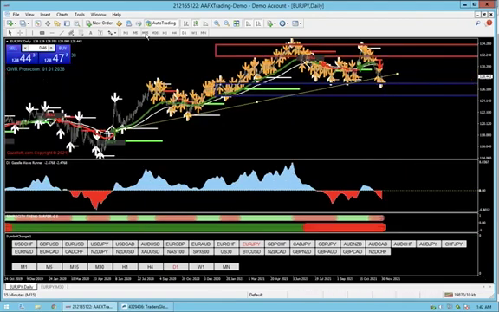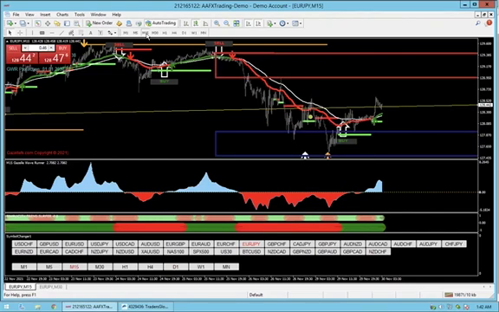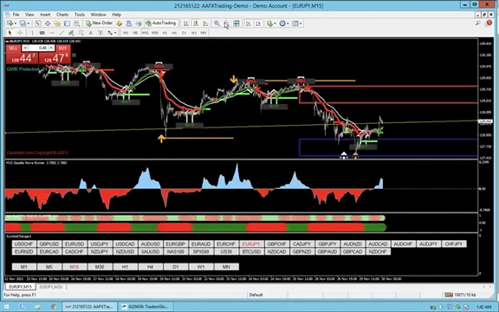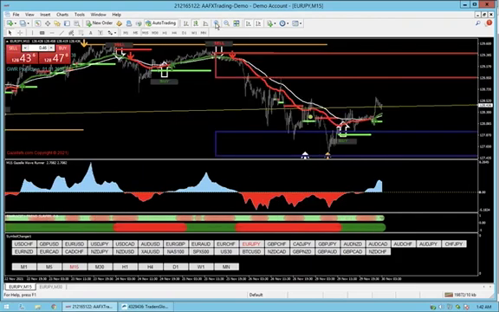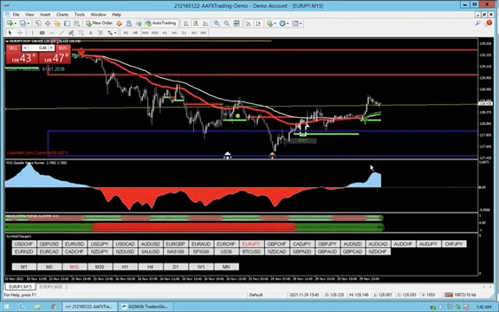So we could literally go down to the 15-minute. And we see everything taking shape here. See, everything has lined up. And this is not a bad entry, guys. This is not a bad entry whatsoever. We see daily, we see 4, we see Simplicity, everything is pretty much lined up.